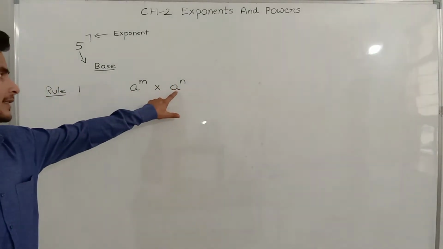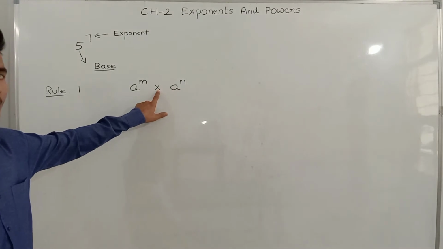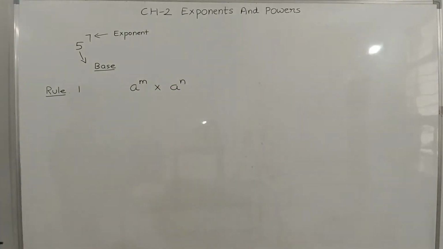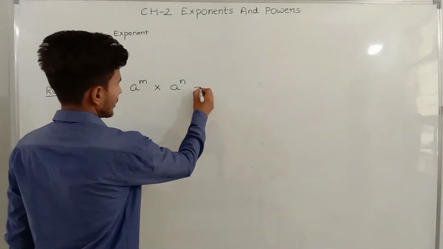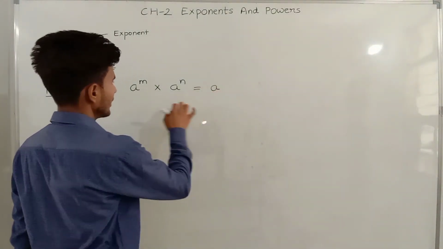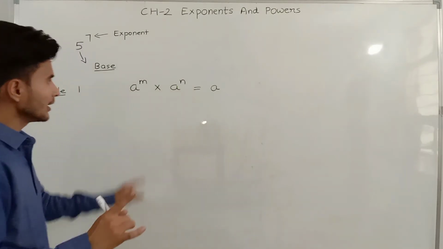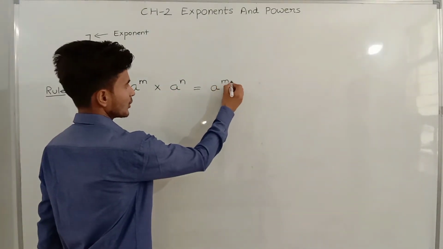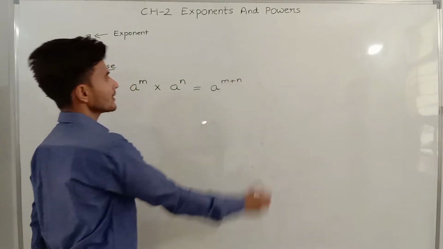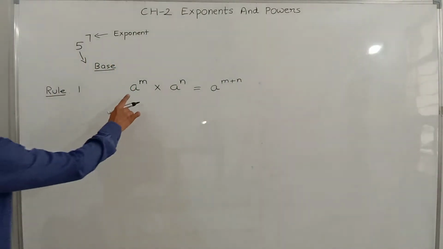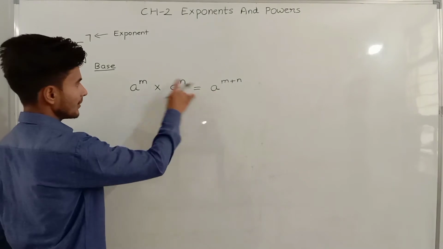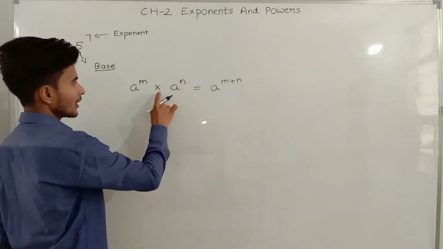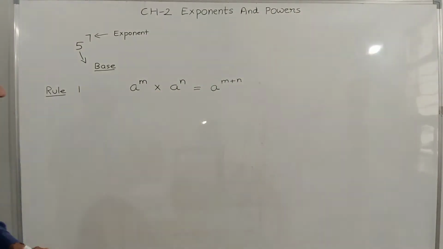If base is same and you have to multiply, then what is the formula for it? Simply we can write base single time, then powers we have to add, m plus n. Base only single time and powers you have to add if you have a multiply sign.